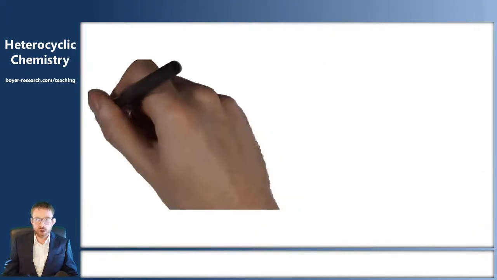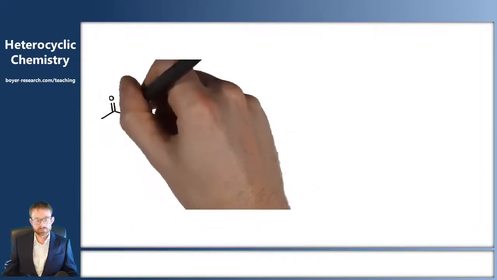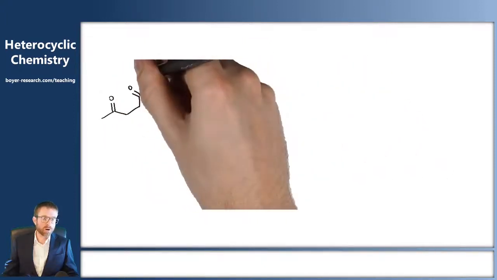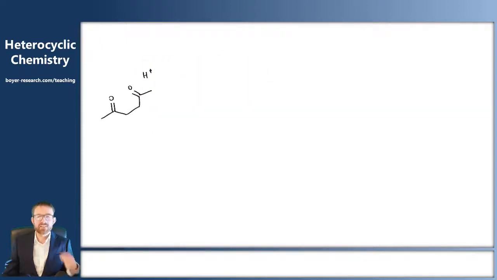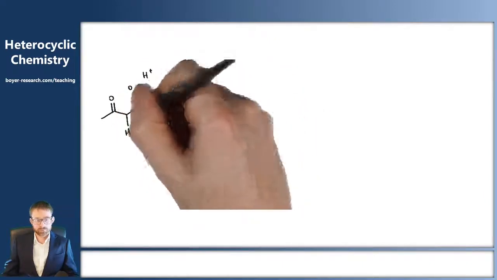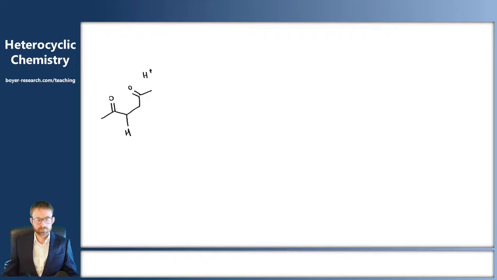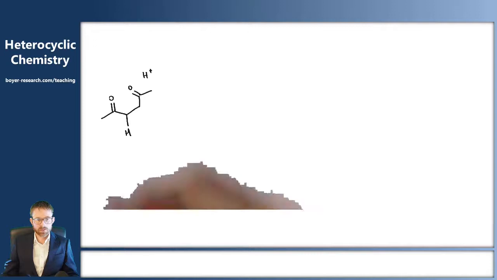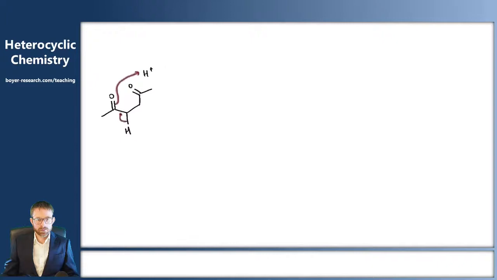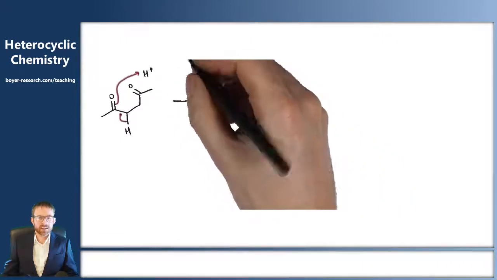If we look at the reaction more slowly, we'll start off with our 1,4-dicarbonyl species. That's the 4 carbon atoms that will make the backbone of our furan. Under acidic conditions, we can get keto-enol tautomerization.